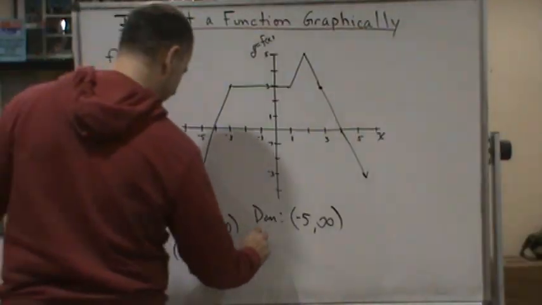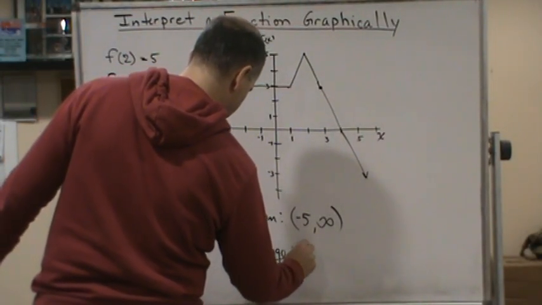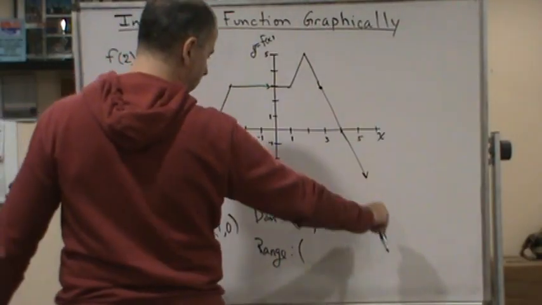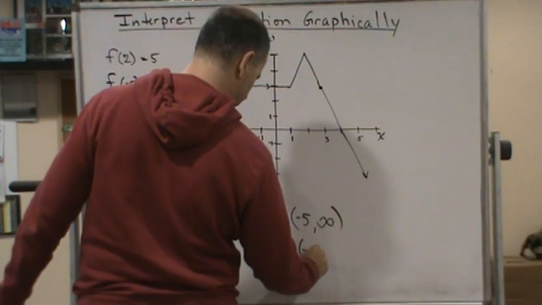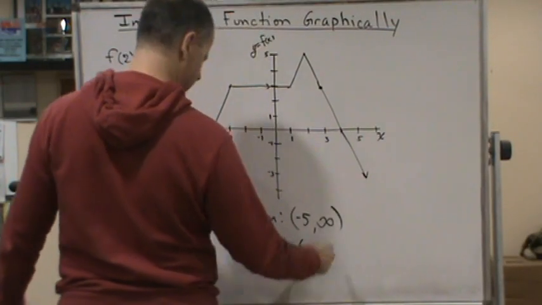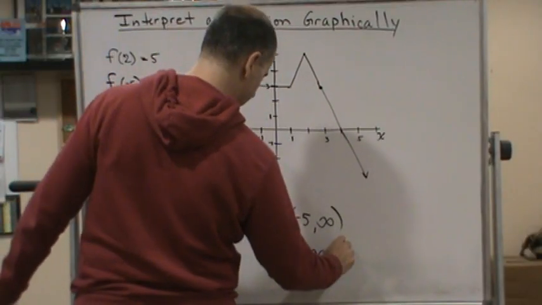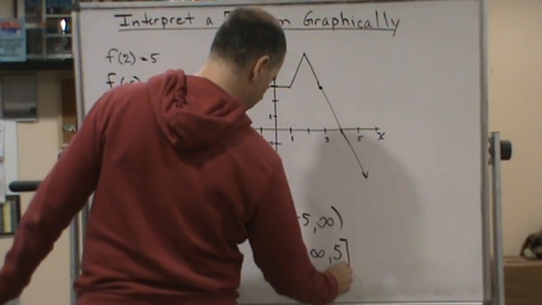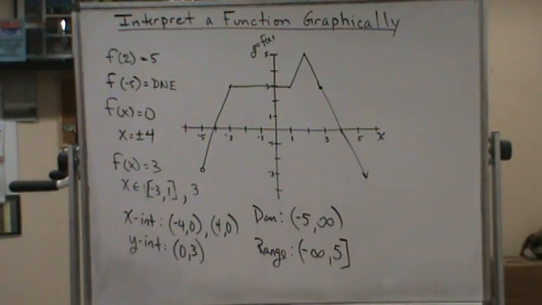So that's the domain. The range, since it's going downward also, and it's going down to negative infinity, that's where we're going to start. So it goes from negative infinity, and the highest it ever goes is 5. And so we're going to use a square bracket because it actually hits 5. And so that is how you interpret a function graphically.